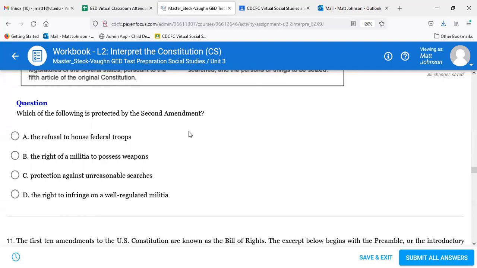So as a member of a militia in that day, of course, we've sort of expanded on the idea that we all have the right as a U.S. citizen to own firearms, and that comes from the Second Amendment. But here, what it's stating specifically is that a right of a militia to possess weapons in defense of the country. So B as in boy for number 10.